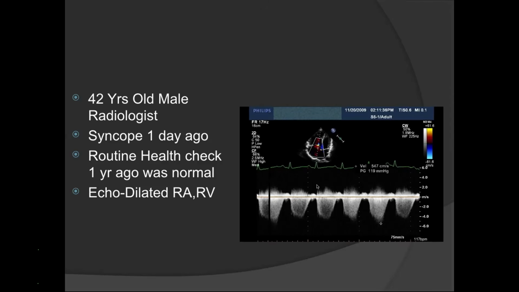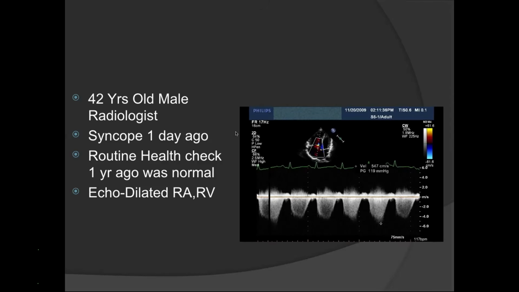I'm yet to see an Uhl's anomaly patient in my lifetime. I've not seen a presentation on Uhl's or any image of Uhl's anomaly from anybody in any forum till now. So we should not keep these possibilities upfront, but common possibilities should be kept before we think of these rare possibilities. Here is another common scenario.